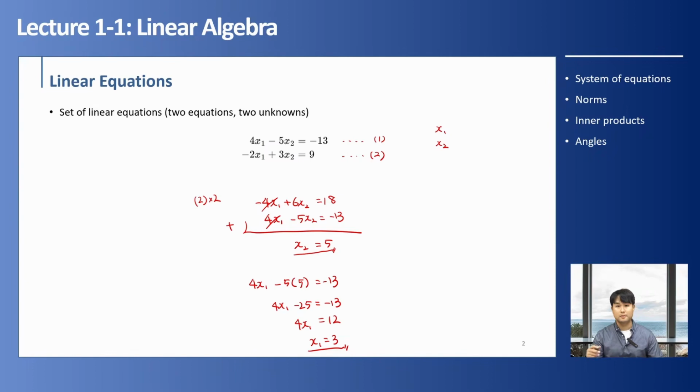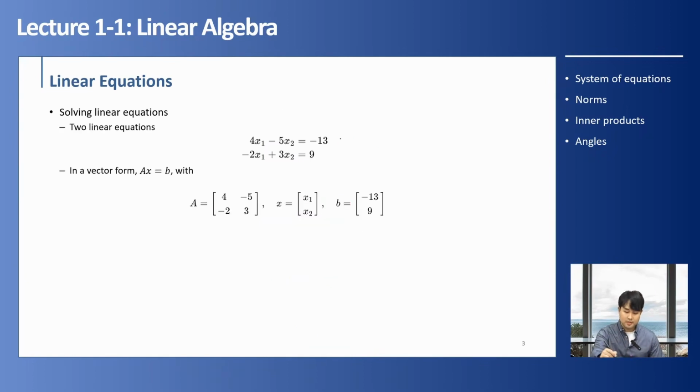Another way to do this is to represent this set of linear equations in vector form. So with our matrices and vectors A, X, and B defined as the following, we can represent this set of linear equations as the following.